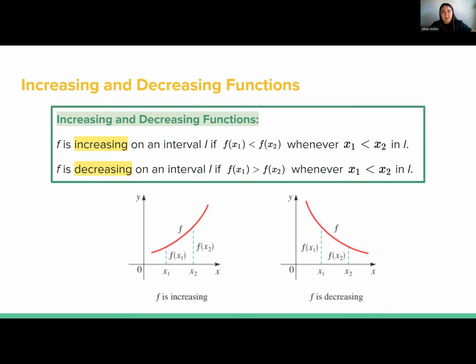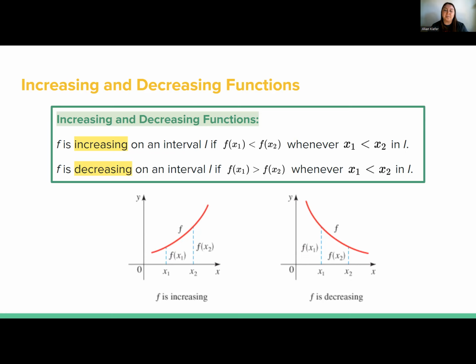We're going up the mountain, we're going up the roller coaster, we're not going down. So we're always looking from left to right. That is key here. Left to right, we're going up that roller coaster. F is increasing.